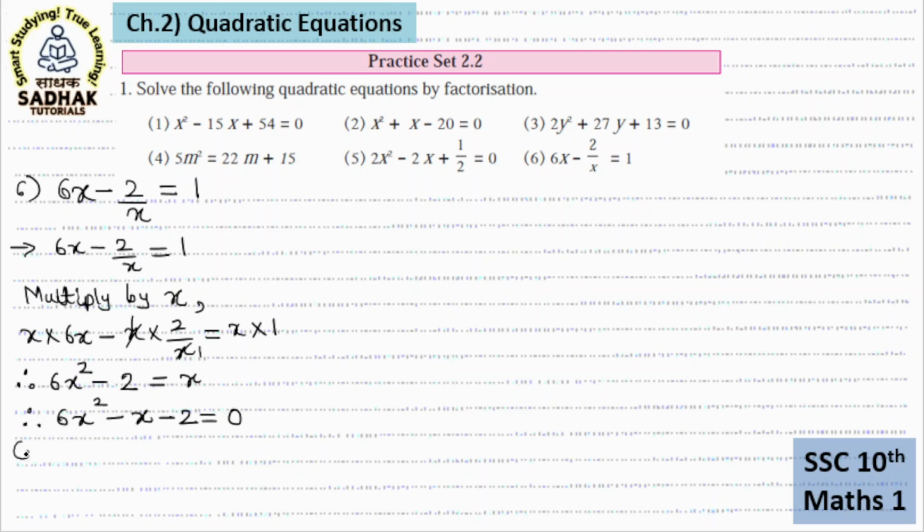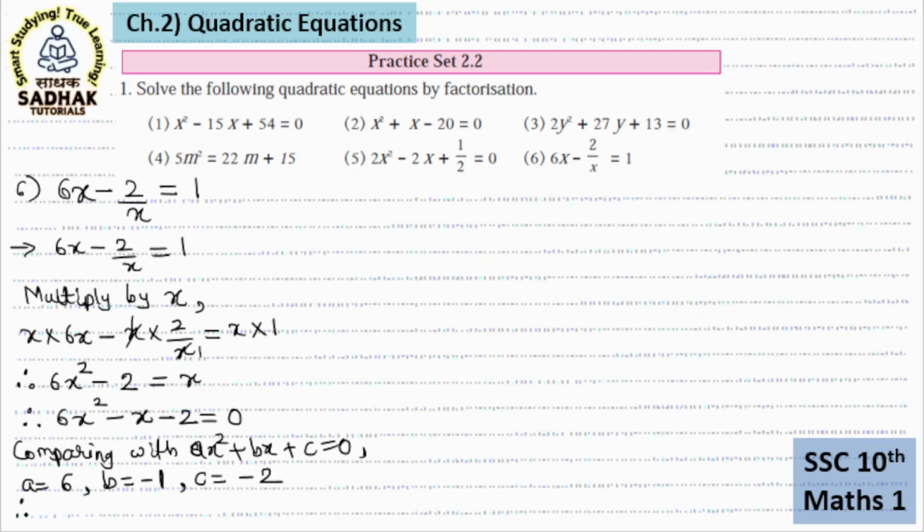Okay, now comparing with standard form or general form, that is ax square plus bx plus c is equal to 0, we get a is equal to 6, b is equal to minus 1, and c is equal to minus 2.